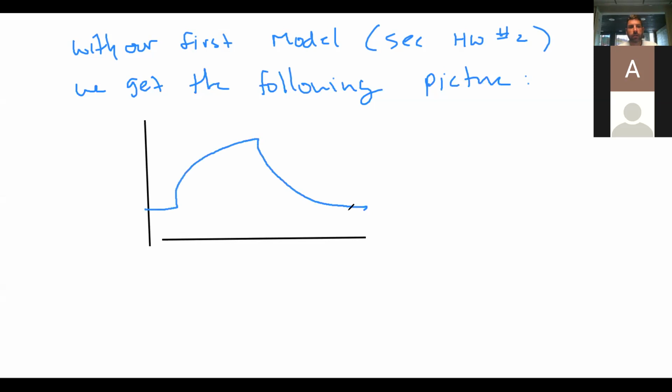Like the shark fin is what I was calling it. And remember, this is your voltage here, and this is time. And we had something like -68 millivolts.